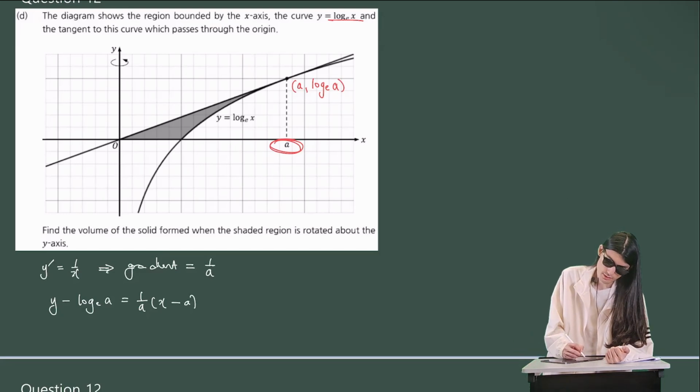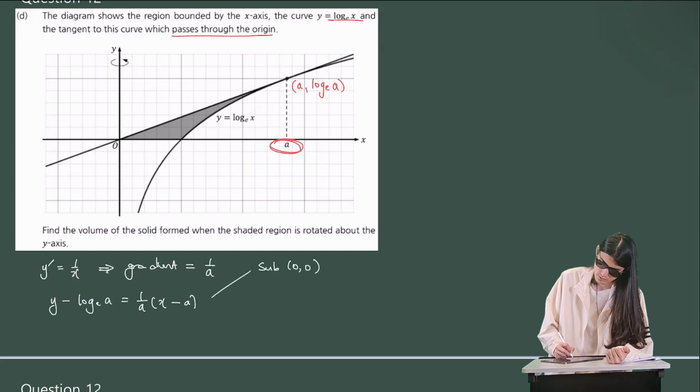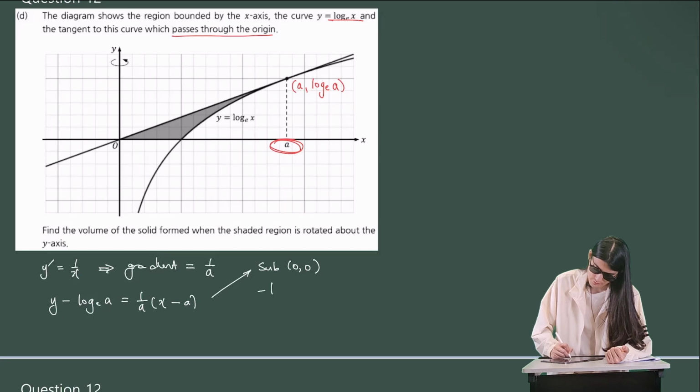But what do we know about this tangent? Passes through the origin. So what? Substitute 0, 0. And that should satisfy, shouldn't it? So in other words, negative ln a is equal to minus 1.